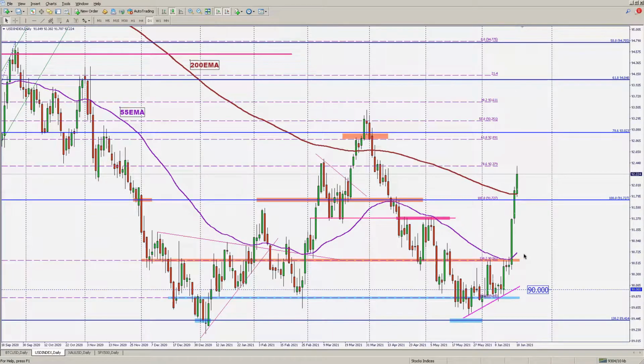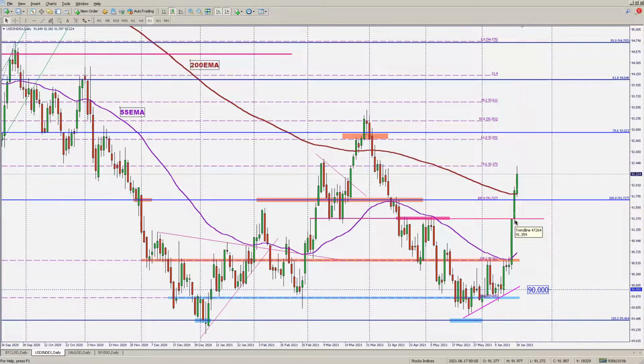So with that, this was the breakthrough that we were potentially looking for, the breakthrough of the daily 55 EMA right at the 138 fib extension. That's by the end of Wednesday, and back up to this intermediate resistance zone.